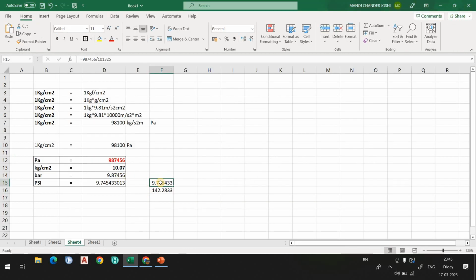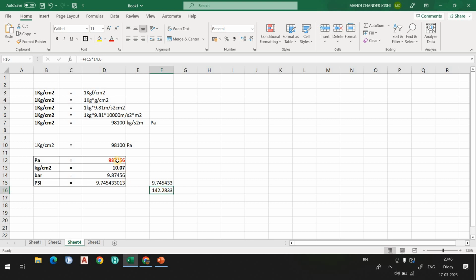Now see here, what I have done, the same I have done here. I have divided this value by 101325. Okay, so this value I have converted into atmospheric pressure. Now if you see here, this value I have converted into PSI. Okay, so 1 atmospheric pressure is equal to 14.6 psi.